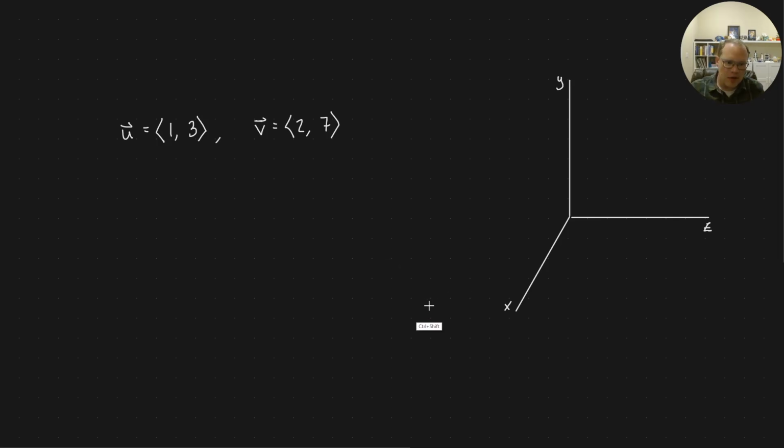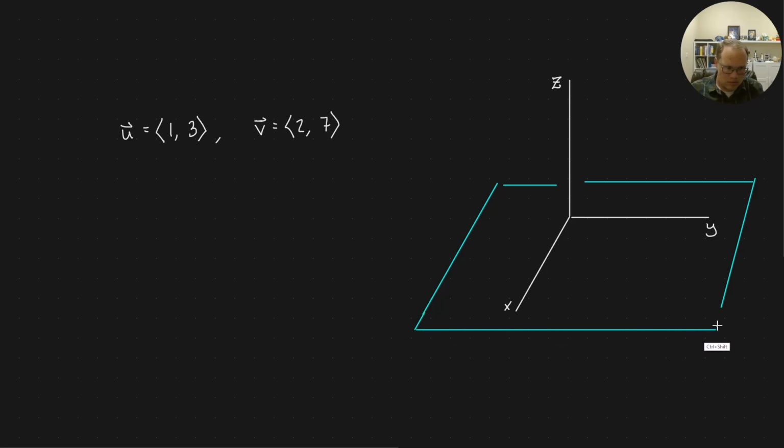I can think of 2-dimensional space as just the xy plane, and I've mislabeled the axes, haven't I? This should be the y-axis, this should be the z-axis. Okay, I could think about this as 2-dimensional space embedded in 3 dimensions.